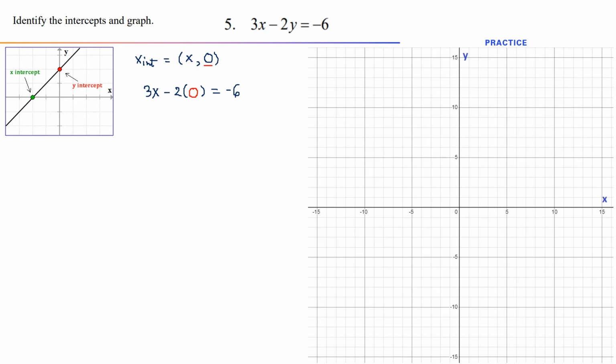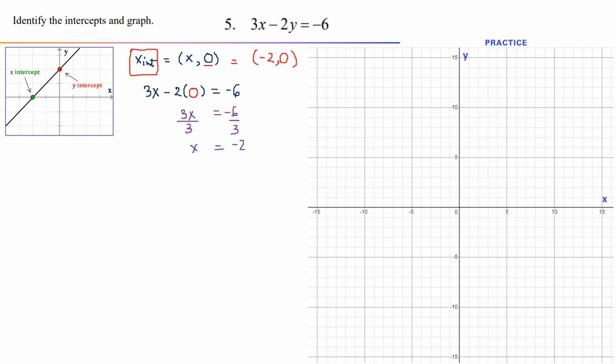So from that we will find 3x equals negative 6, divide by 3 on both sides. We have x equals negative 2. So the x-intercept will be (negative 2, 0). That is one point, the x-intercept.